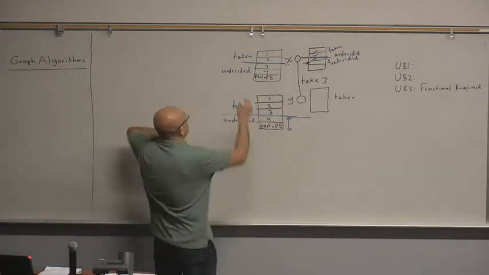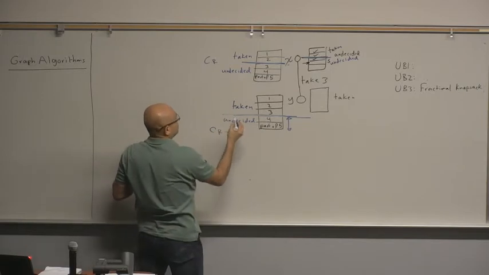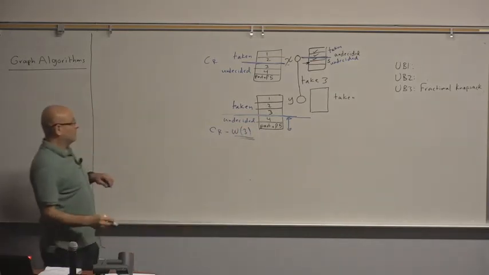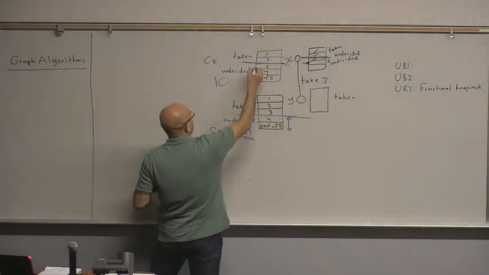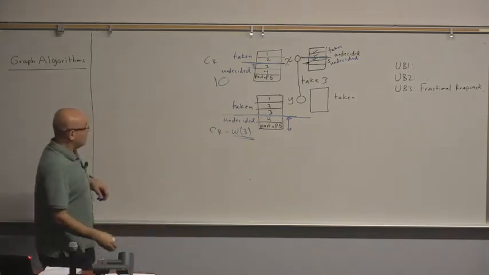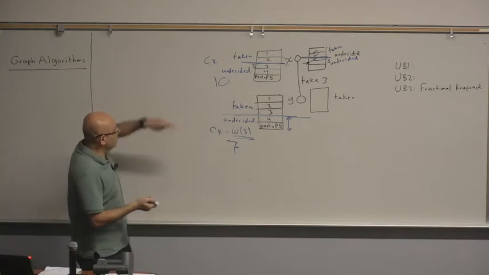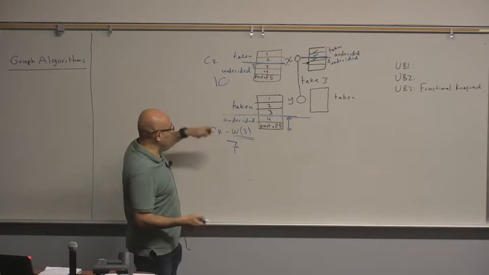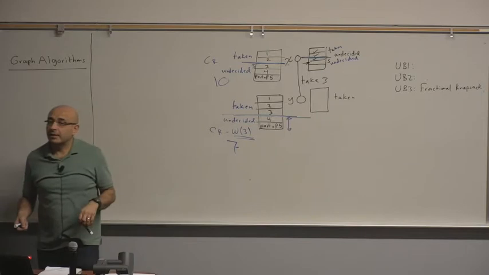CR here is going to be CR minus the weight of item 3. If the remaining capacity is 10 and the weight of item 3 is 3, then the remaining capacity here is going to be 7. So if we take the item, it's not going to change anything. The only thing that will change is this borderline between taken and undecided.